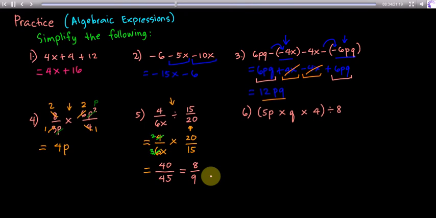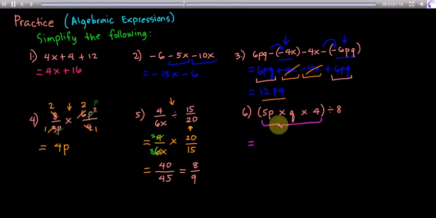Next, number 6. The quantity of 5p times q times 4 divided by 8. So again, first simplify those terms inside the parentheses. There's only one term here, because terms are separated by plus or minus, but here we're having times, so this is only a single term.